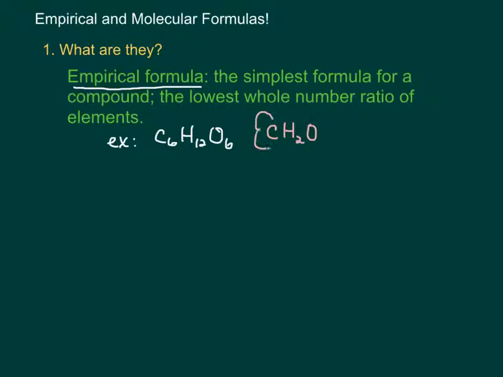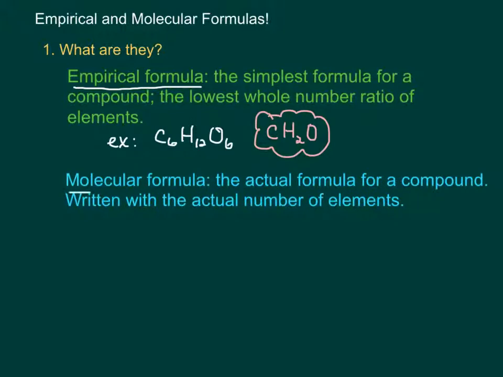So that's its empirical formula, because it's showing me the lowest ratio of the elements in a compound. And a lot of compounds, especially when you get into organic chemistry, have the same empirical formula, but different actual chemical formulas.